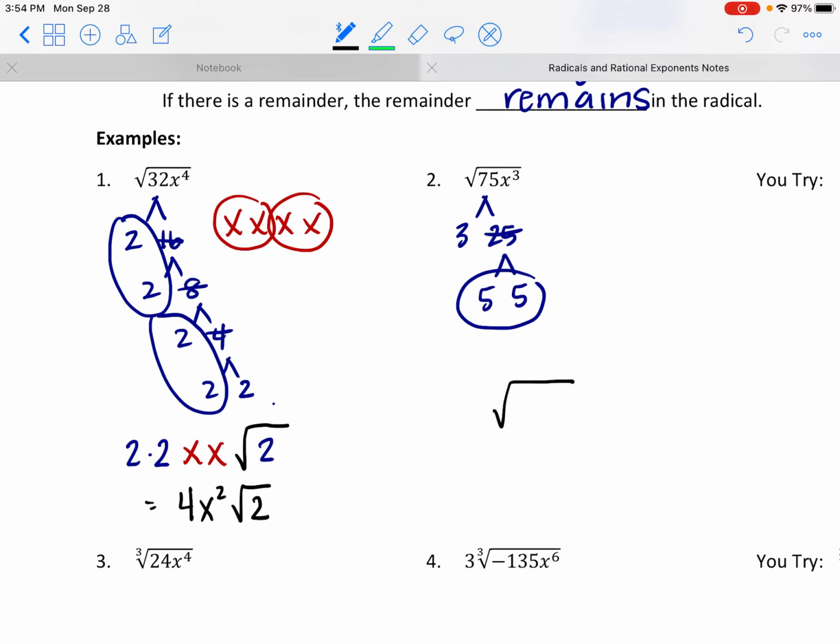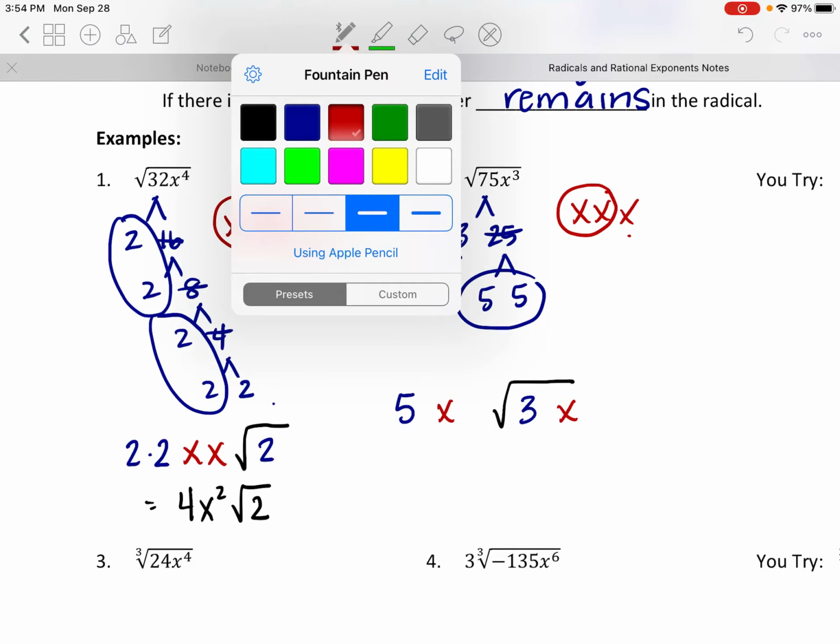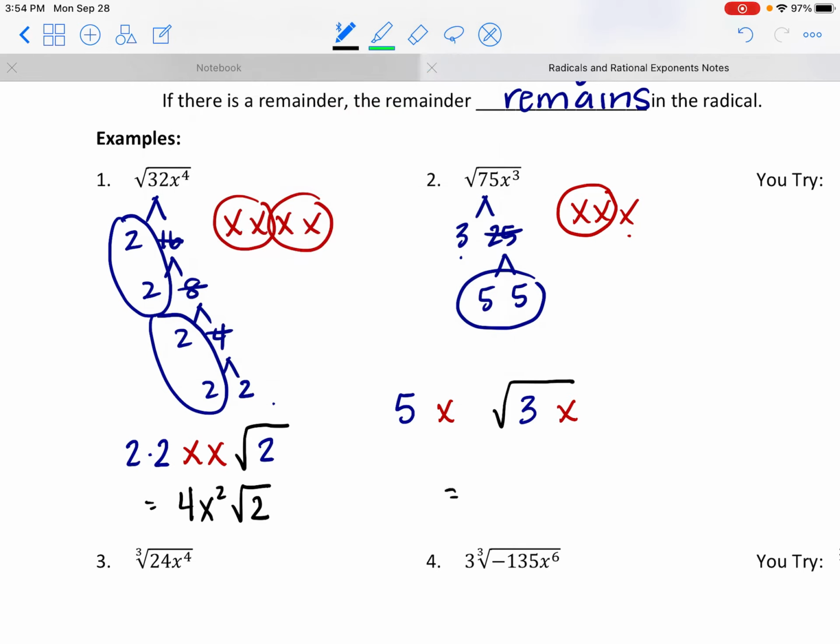Okay, and I know a pair of 5s means a 5 comes out, and then I got this little leftover 3, so 3 is going to stay in. And then if I have x to the third, that's 3 x's, then a pair of those can come out and one of those stays in. So an x comes out and an x stays in. And I don't have anything to put together, so I can go ahead and leave that if I want, but just because I wrote it a little spaced out, 5x radical 3x is our answer.